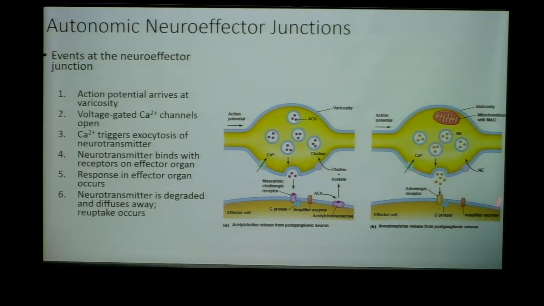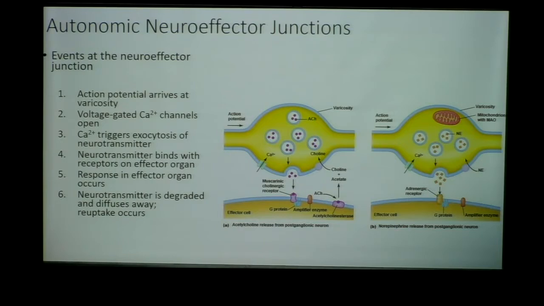Whereas on this side, if it binds to an adrenergic receptor, that can be different depending on if it's beta 1, beta 2, beta 3, alpha 1, or alpha 2, okay? And so just understanding that norepinephrine will be released, will bind to this receptor. The response will look different depending on where this is, okay? But up until this point, it's going to be the same pathway.